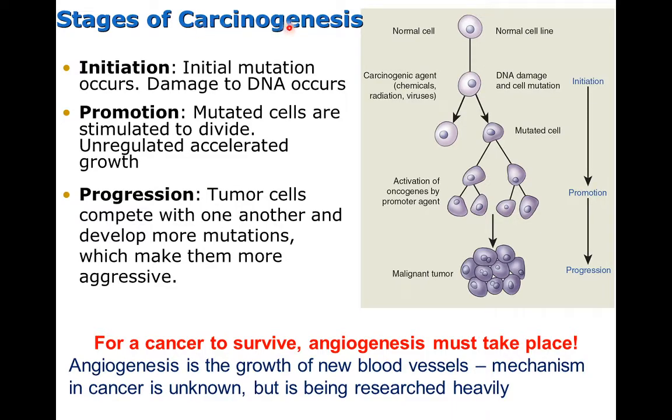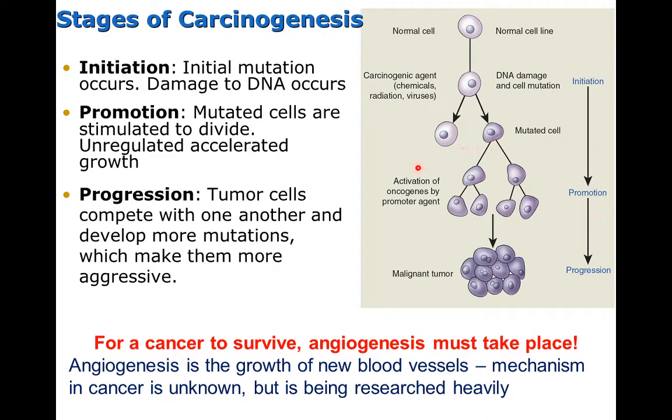For cancer to develop, which is carcinogenesis, there needs to be initiation, or in other words, there has to be a mutated cell. And that mutated cell will go through mitosis and division and multiply fairly rapidly.